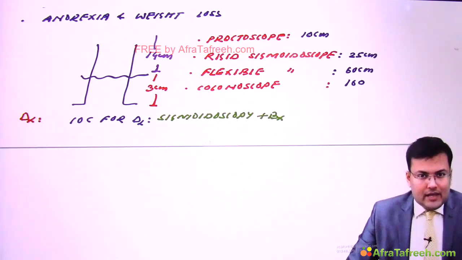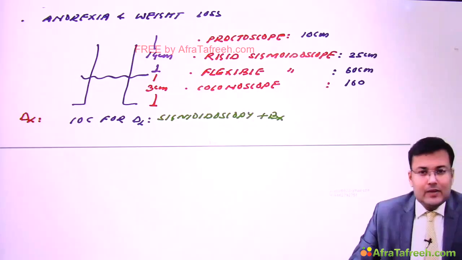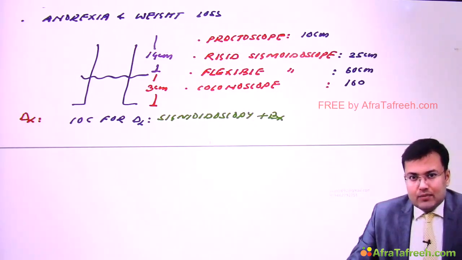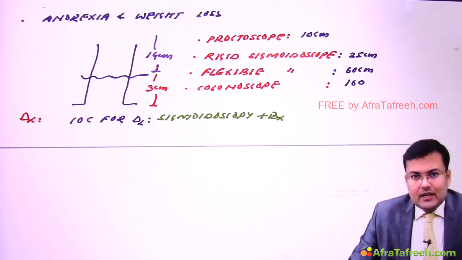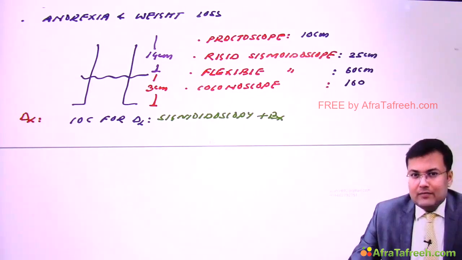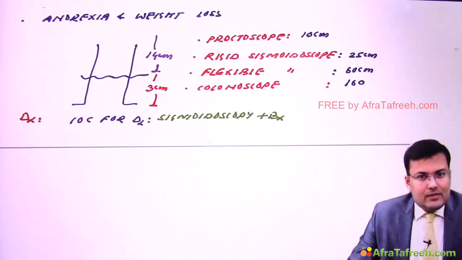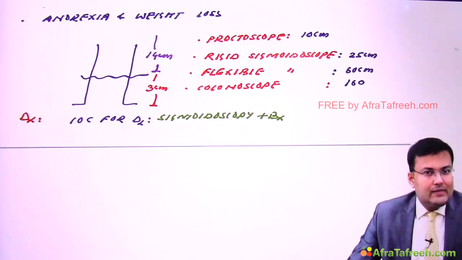Simple. By the way, we want to assess the rest of the colon also, because sometimes patients are having synchronous polyps or synchronous malignancies. Now see, what is synchronous and what is metachronous malignancy or lesion? Synchronous means if the tumor is detected within 6 months after diagnosis of primary tumor. So if some lesion is detected within 6 months of diagnosis of primary tumor, that is synchronous, and if it is detected after 6 months, it is metachronous.